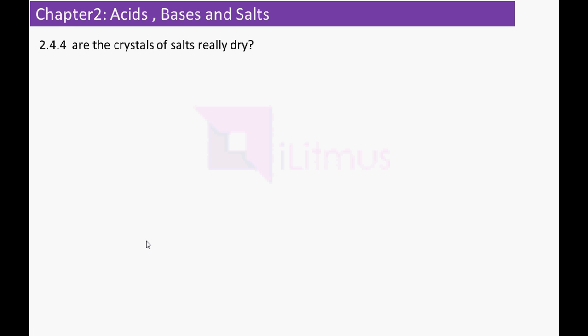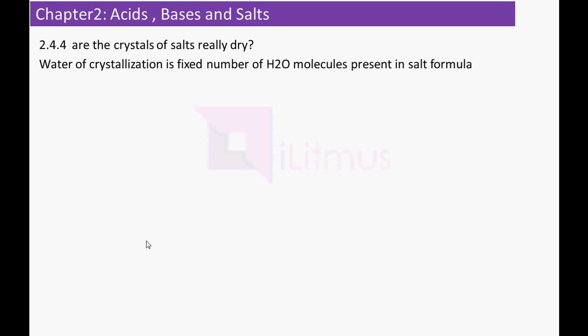No, not at all. If you heat normal washing soda, some vapor will come out. Similarly, alum, if you heat it, water will come out. So water of crystallization is a fixed number of H2O molecules present in the salt formula.